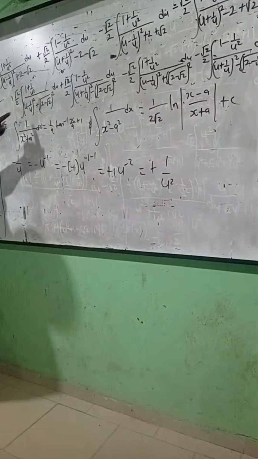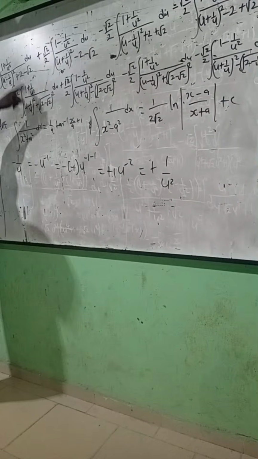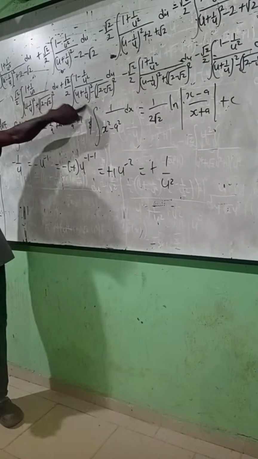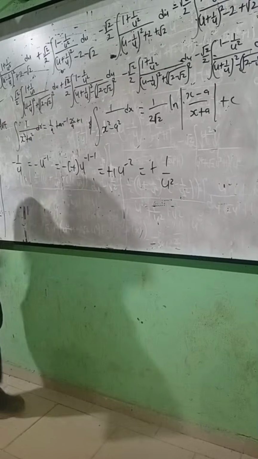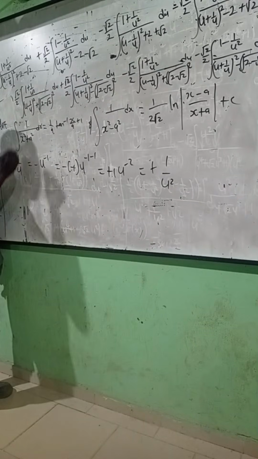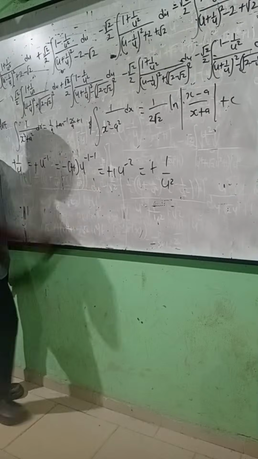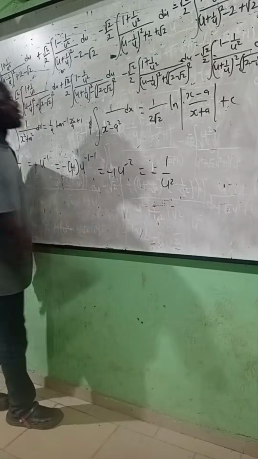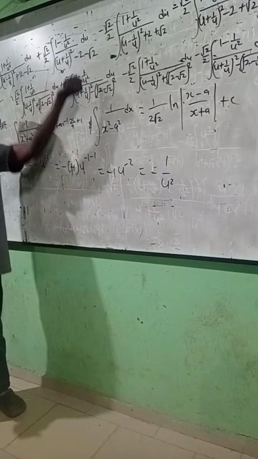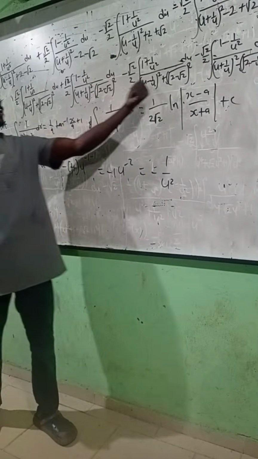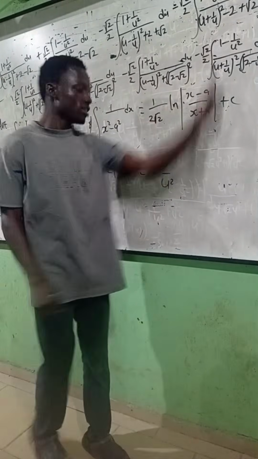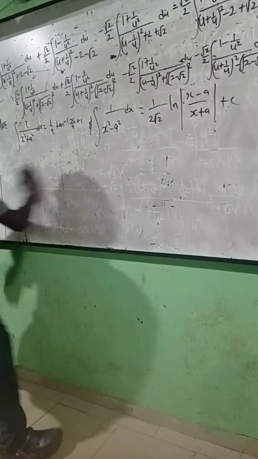So u minus 1 over u, if you differentiate, you get 1 plus 1 over u squared. If it is plus, this will be minus, but assuming this is plus, here you have minus. If you differentiate this, you get this. So we can apply those standard integrals.